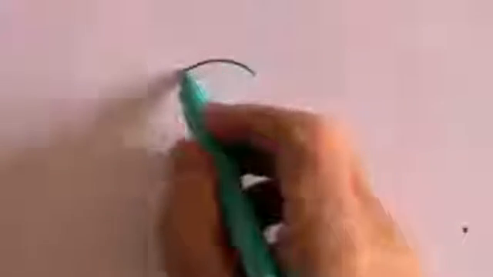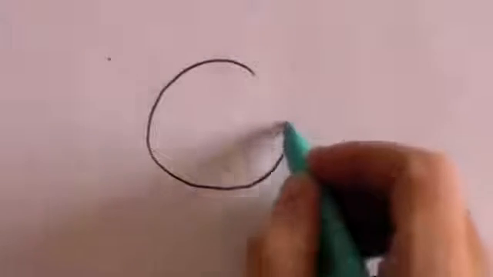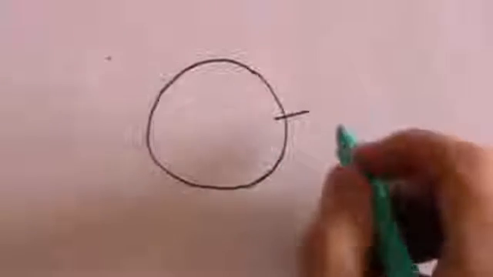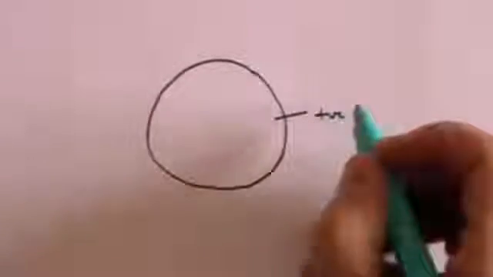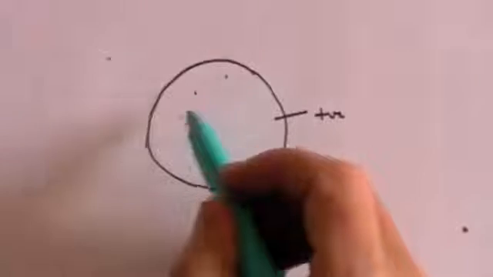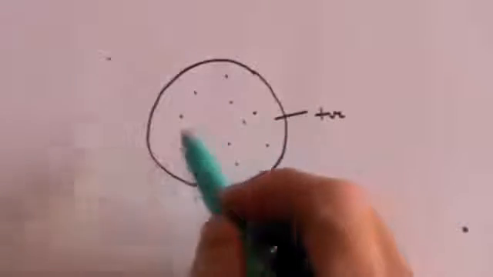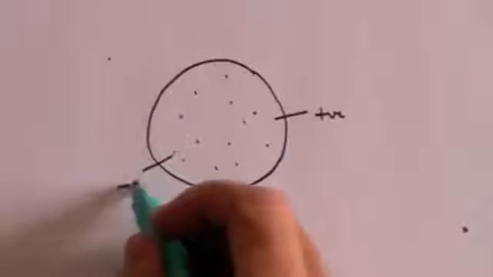The year is 1900, and the atom is no longer being regarded as an indivisible billiard ball. Thanks to the work of J.J. Thomson, it is now regarded that the atom consists of 2 bits. The bulk of it is positively charged, but within that positive charge there are bits of negative charge.